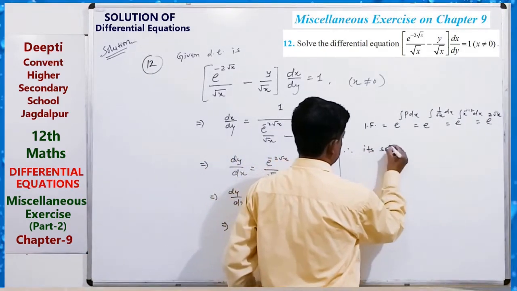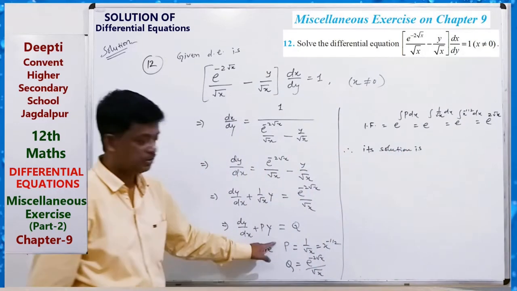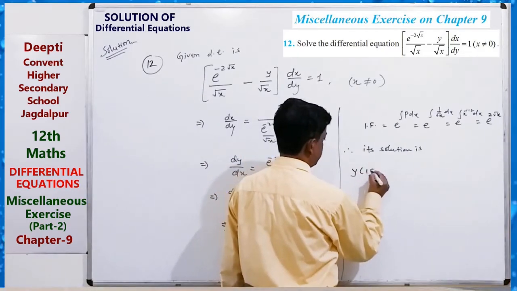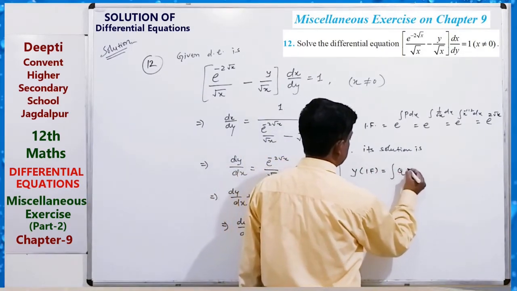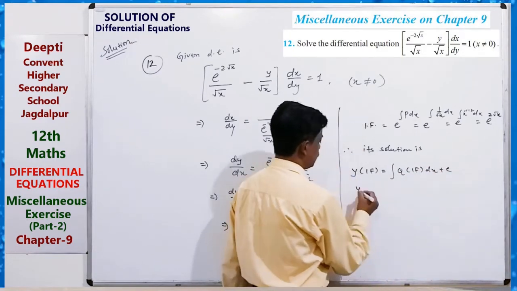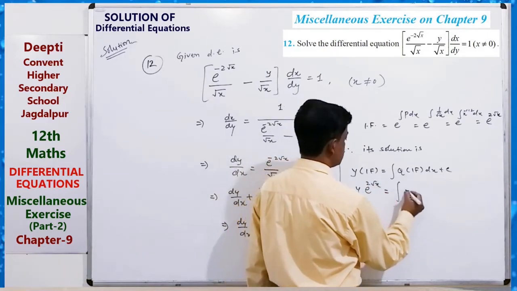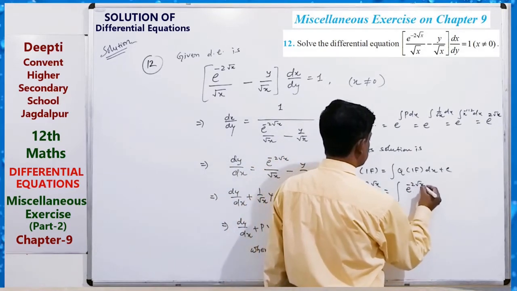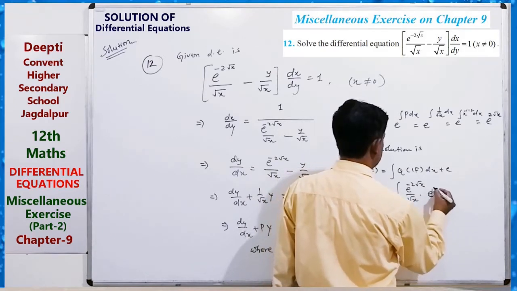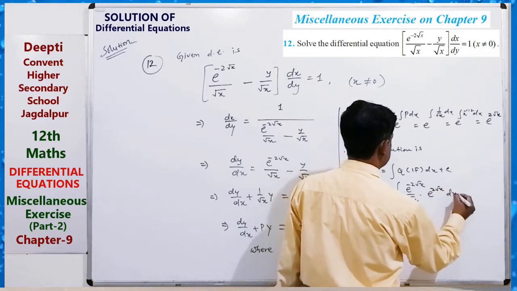Its solution is y into IF equals integration of q into IF dx plus c. So y times e to the power 2 root x equals integration of e to the power minus 2 root x by root x into e to the power 2 root x dx plus c.